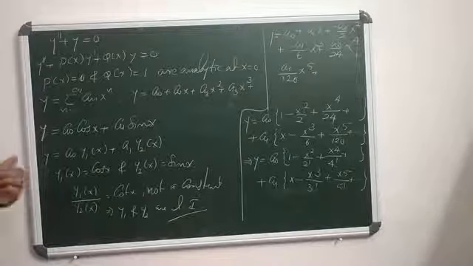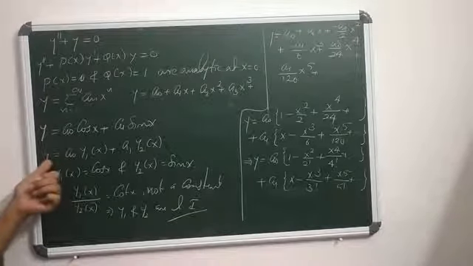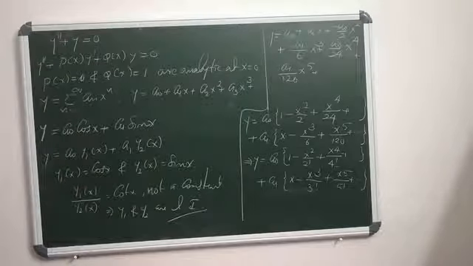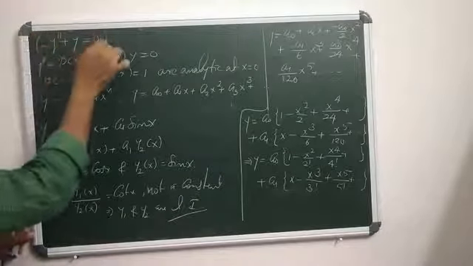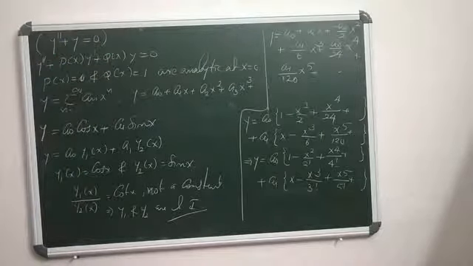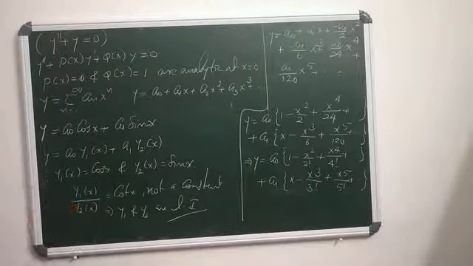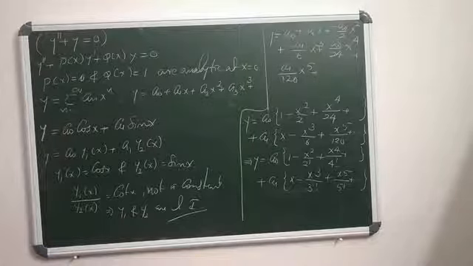So precisely we can say that the solution y is a linear combination of two linearly independent solutions. The solution of the given differential equation can be expressed as a linear combination of two linearly independent functions. Why? Because one is not a constant multiple of the other.